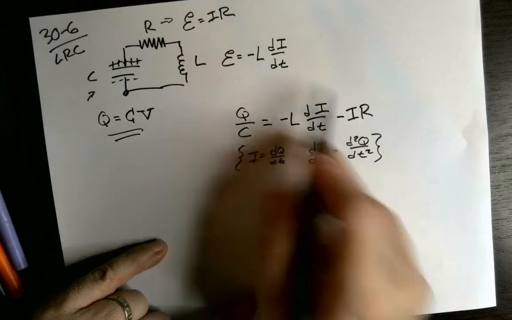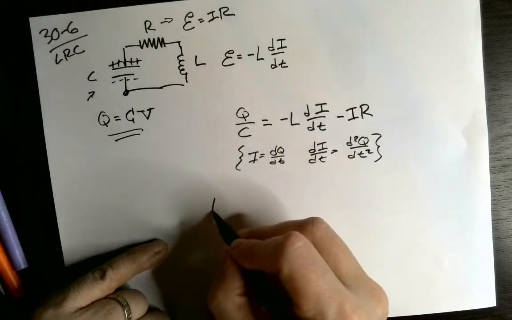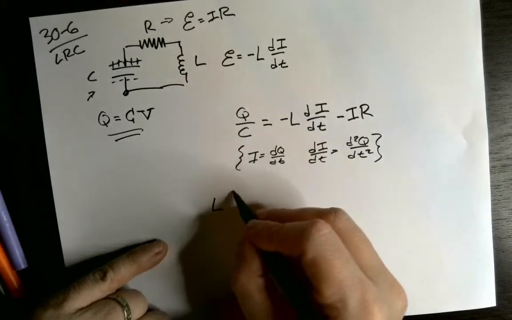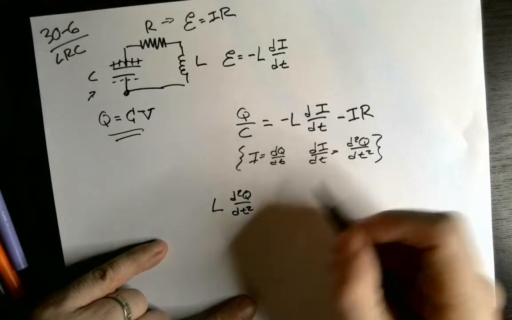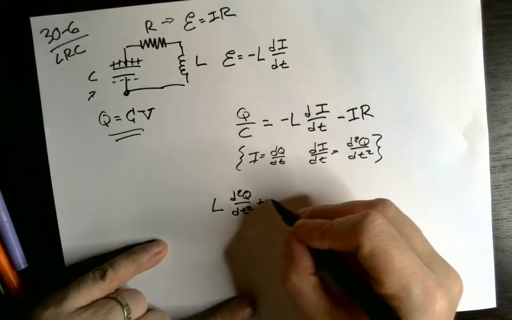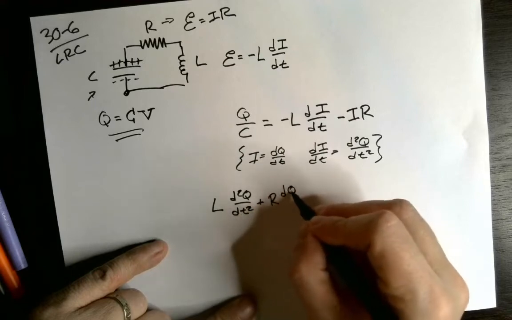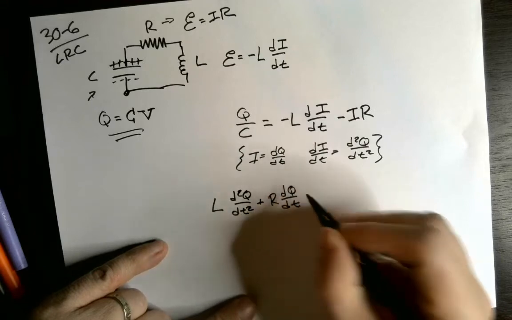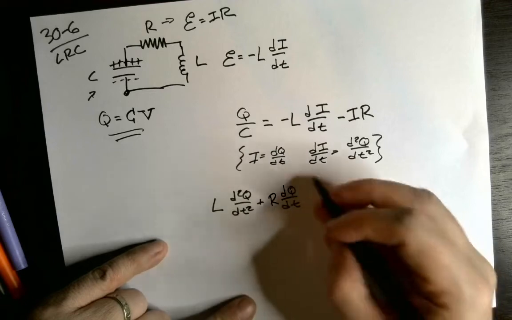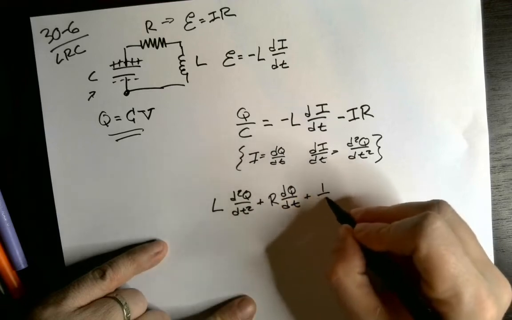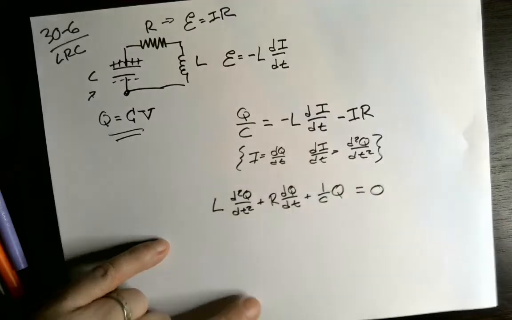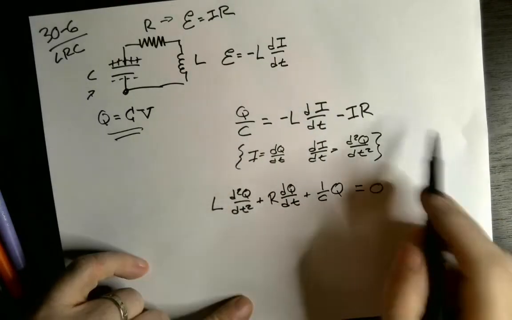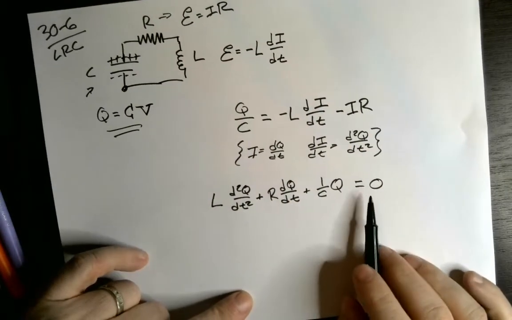Let's put everything on the left side of the equation. We've got L times d squared q dt squared, plus R times dq dt, that's the current, plus 1 over the capacitance times Q. That's all equal to 0. Everything's on the left-hand side of the equation, and all that's left on the right is 0.